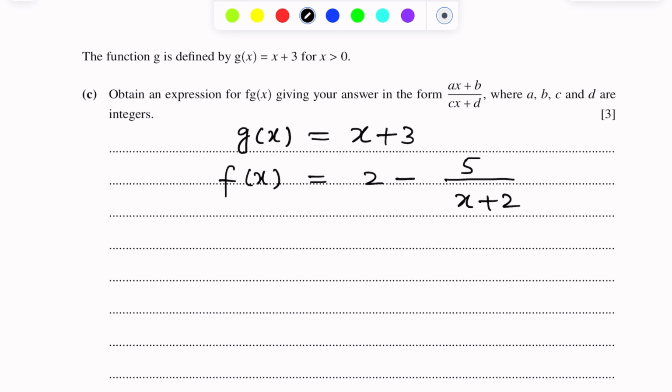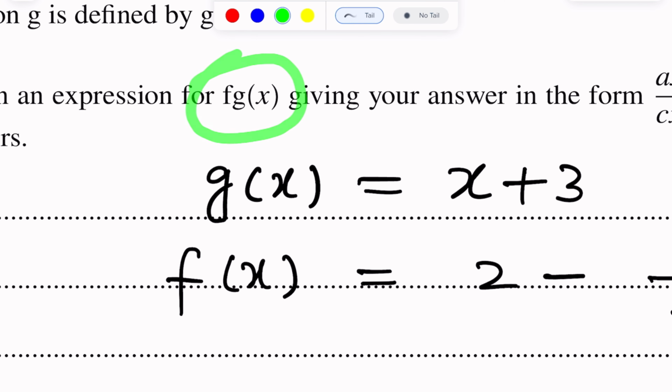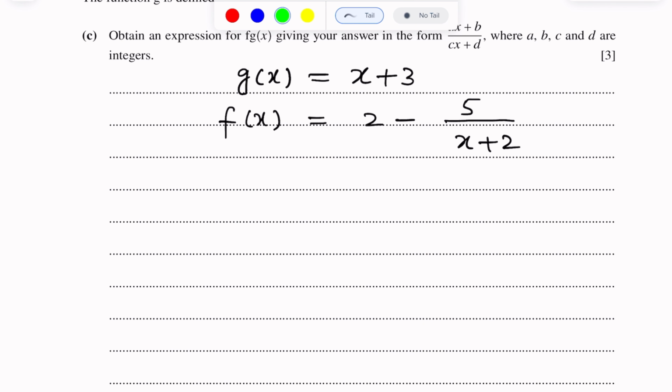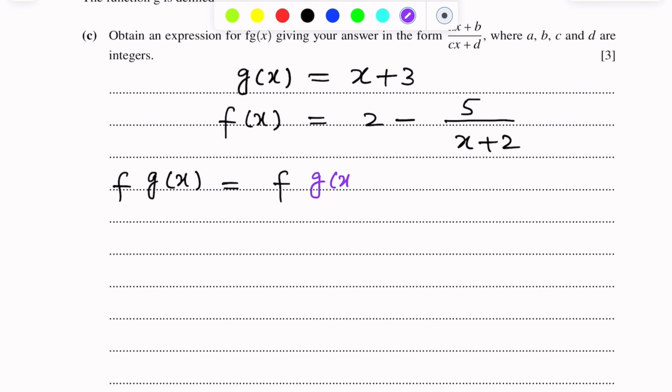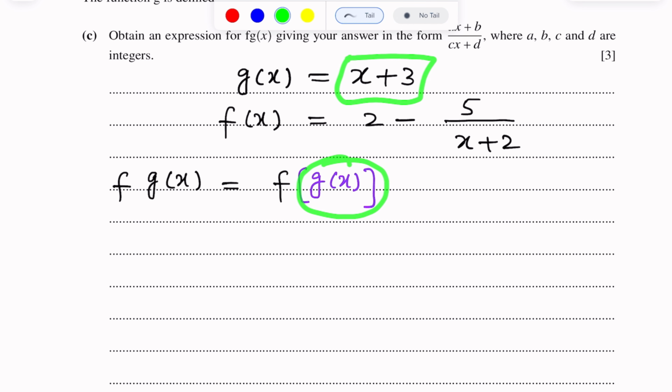Now we have to find fg(x). First we will put the value of g(x), which is x + 3, here.